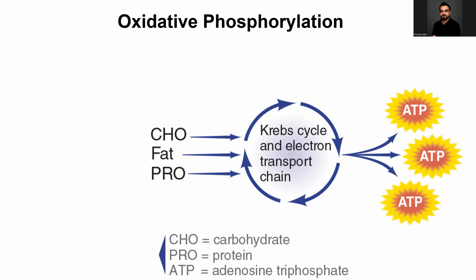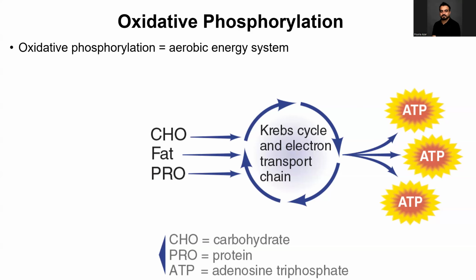For oxidative phosphorylation, we can use all three macronutrients. We can use carbs, we can use fats, and proteins. And these macronutrients can be used in a cycle called the Krebs cycle, and an electron transport chain, through which we produce ATP molecules. We replenish the ATP molecules through oxidative phosphorylation.